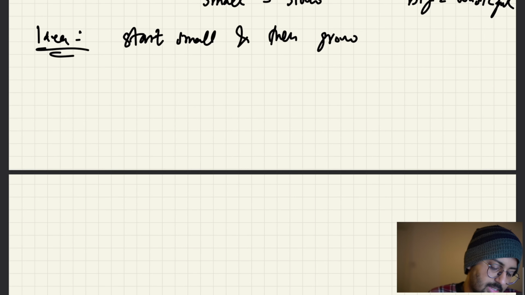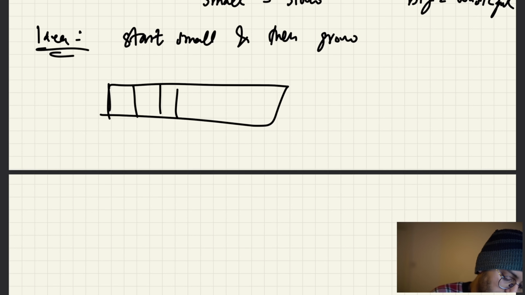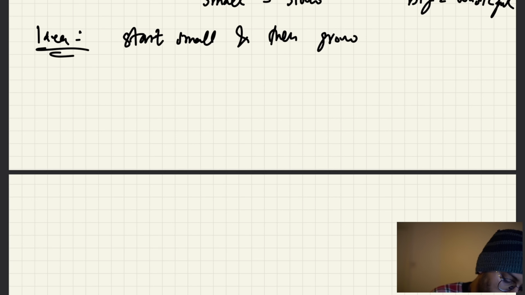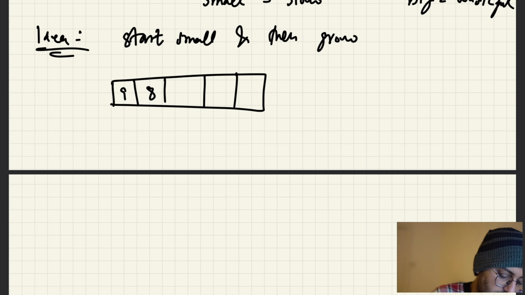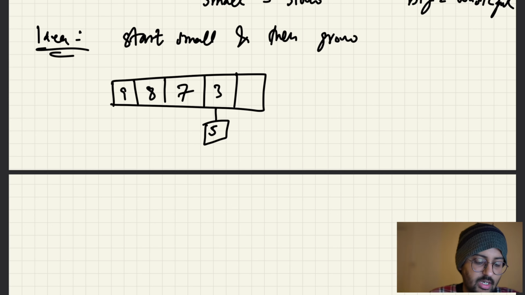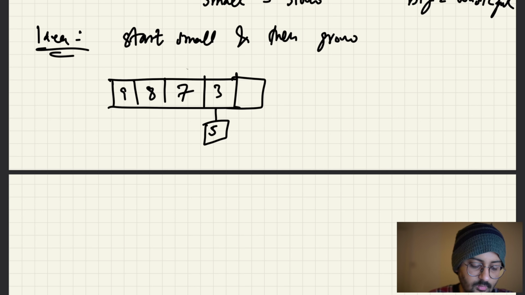So the idea is, let's say you have 5 elements at first. You have just inserted 9, 8, 3 and 5 here, and you've inserted 7 here. So the size of the table is 5, and you have inserted 5 elements already.